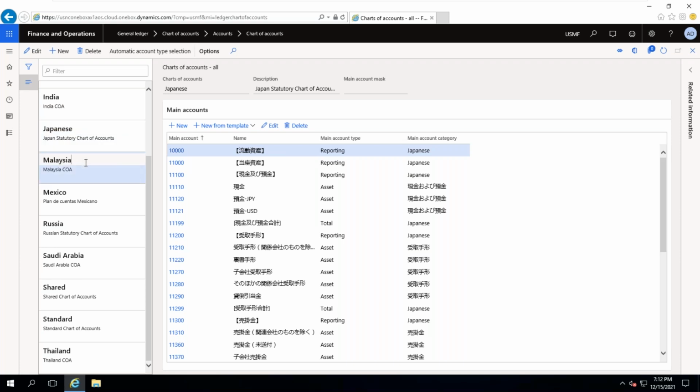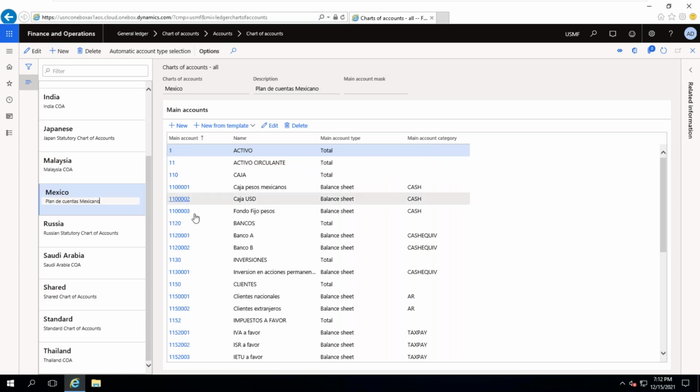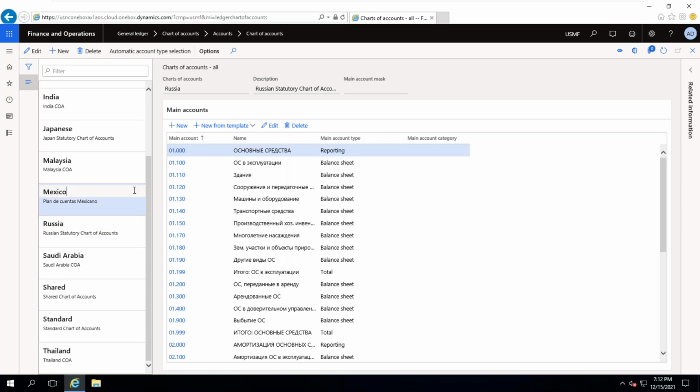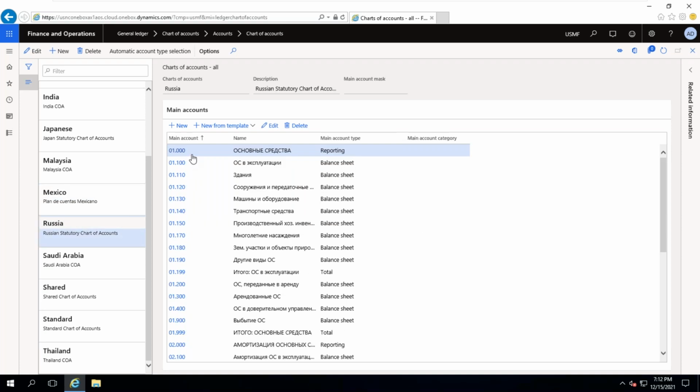Malaysians are almost the same, normal like the shared one, but Microsoft has given different chart of accounts for different countries. So Mexico is following like this, and Russia is following like this. Look at this one. You cannot even read the Russian language. It's very difficult.